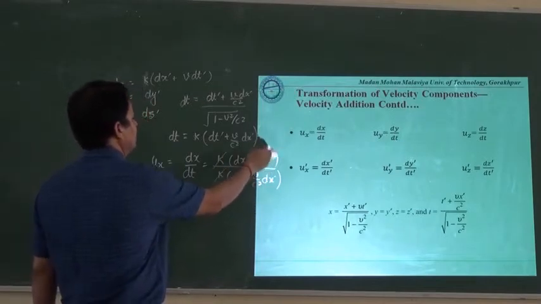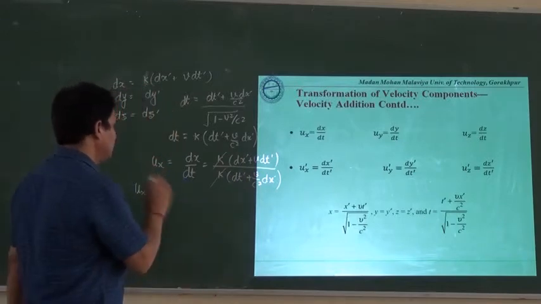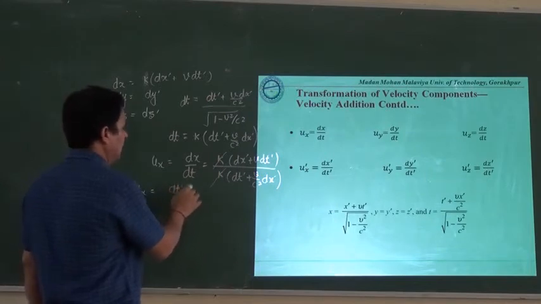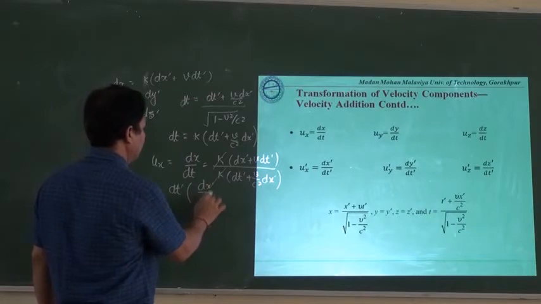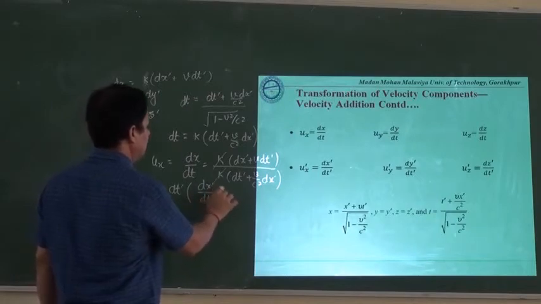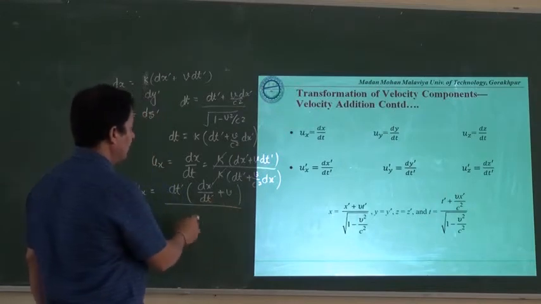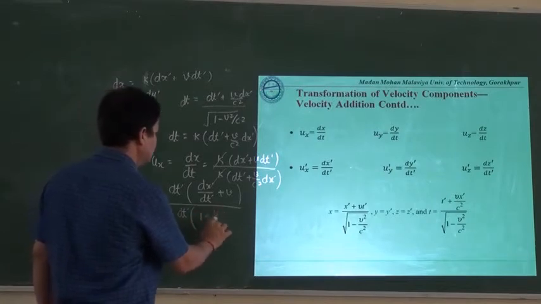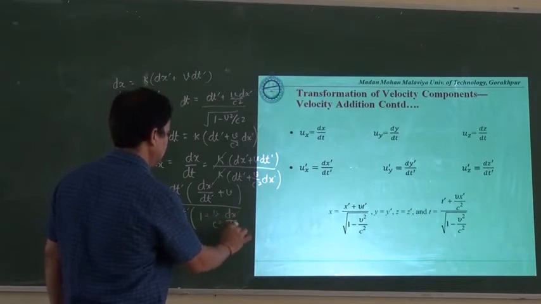Better to take dt dash as common in the numerator and denominator both. Then with dt dash common, it will be dx dash upon dt dash plus v only, divided by dt dash taken common, 1 plus v upon c square times dx dash upon dt dash.